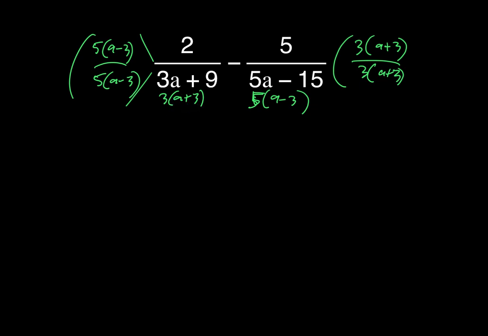This denominator times this whole fraction, top and bottom. 10 times a minus 3, minus 15 times a plus 3.